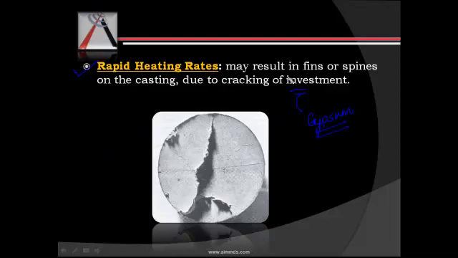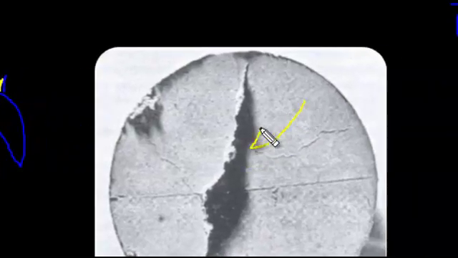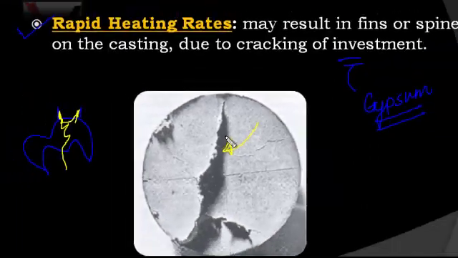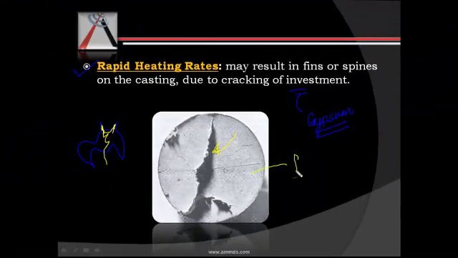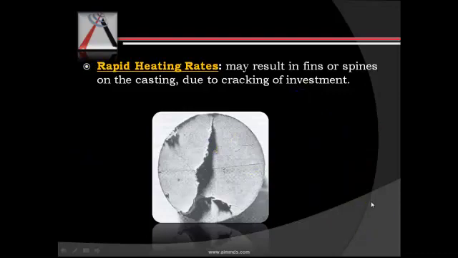So if this is the mold cavity and there are cracks in here, when the molten metal comes in, it flows into the cracks and later we can see such fins on the surface of the casting. So such fins result due to cracking, and this cracking is usually the result of rapid heating. So that is about the formation of fins on the surface of the casting.